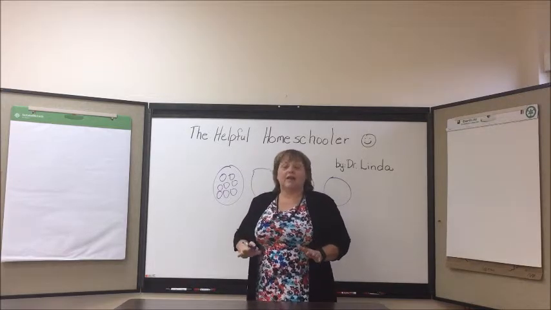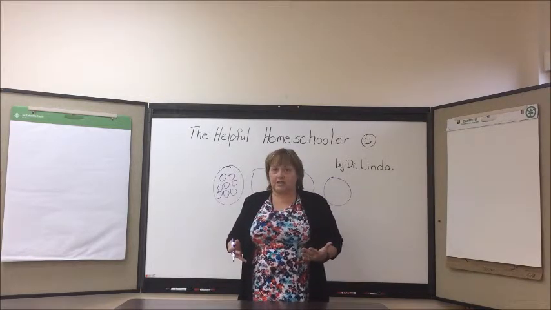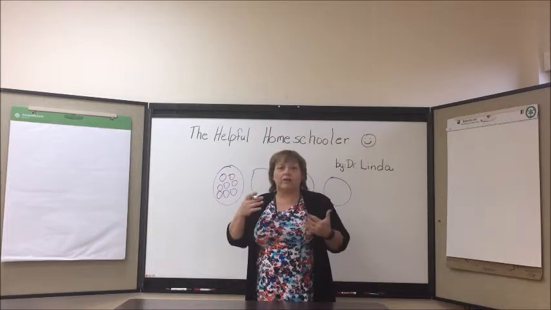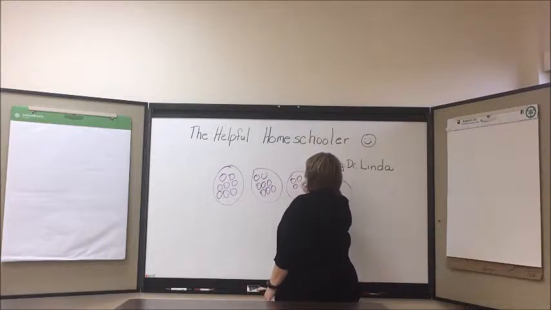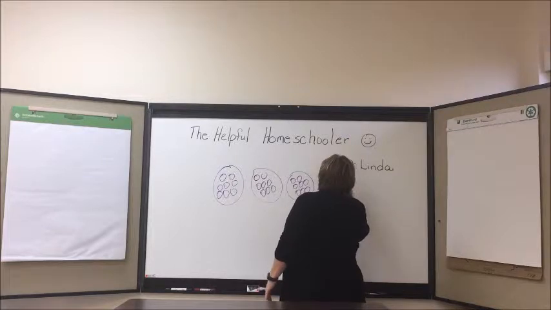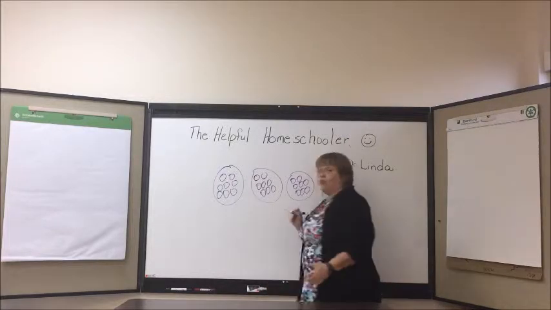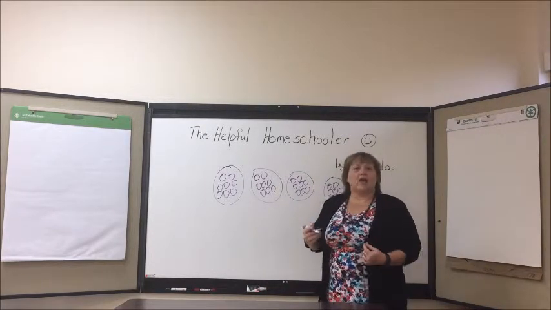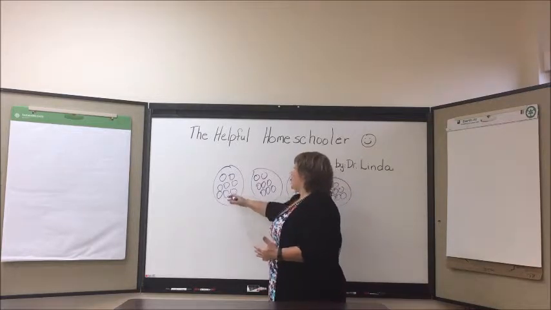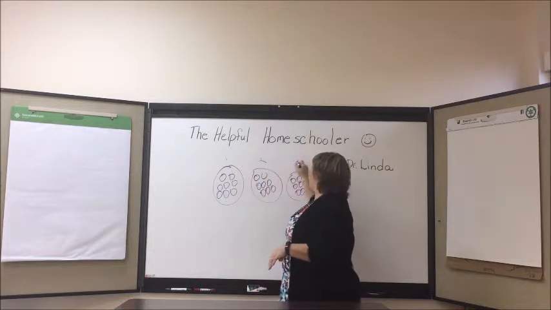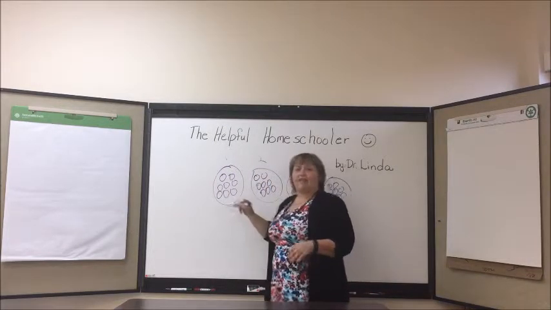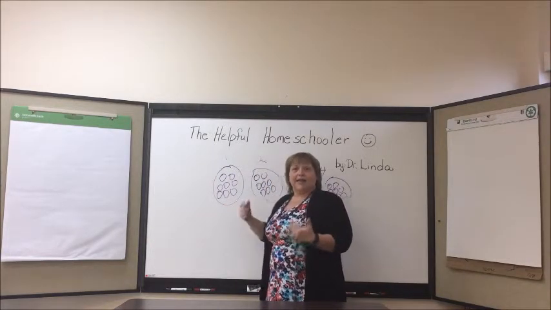Please do not get frustrated with your child if they're not an artist, because all they have to do is understand what they're doing. There you go. So then I would say to the child, all right, so we have each puppy, and puppy 1, puppy 2, puppy 3, puppy 4, and they have 8 puppies.